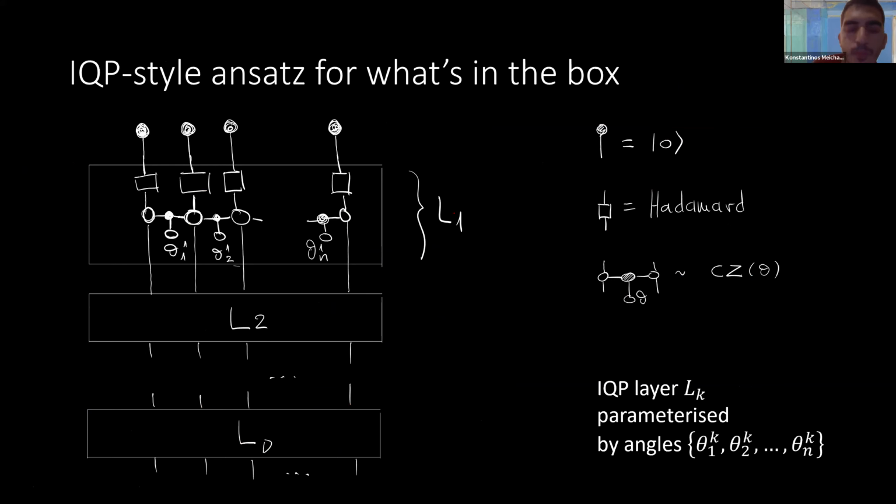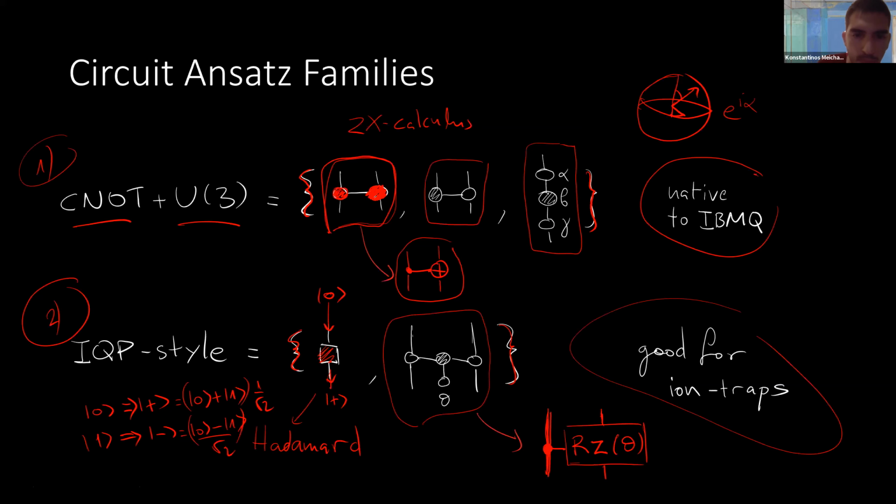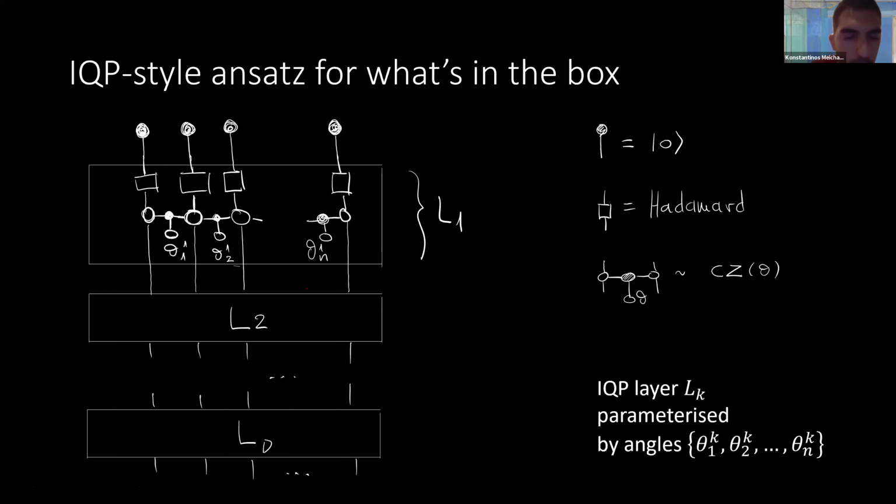Okay, so here's an Ansatz that uses these two gates, the Hadamard and the control Z, and I'm constructing it like this. You start with the all zeros. These lollipops, as we said, are the zeros. They flow in and hit the first layer, L1. They go through a bunch of Hadamards and become plus states.